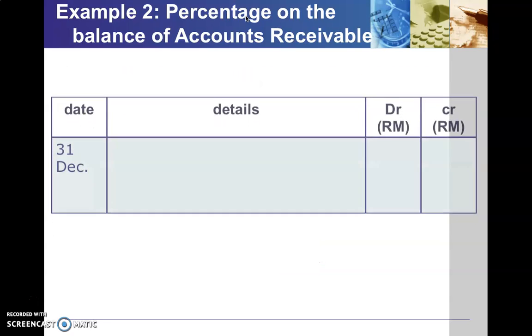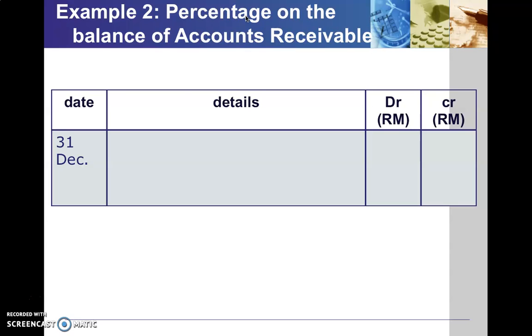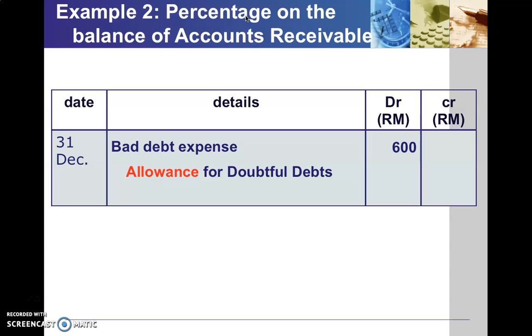After we find the missing figure, we have to do a journal on bad debt. On 31st December, debit bad debt expense 600, credit allowance for doubtful debt 600. Description: recording bad debt expense.